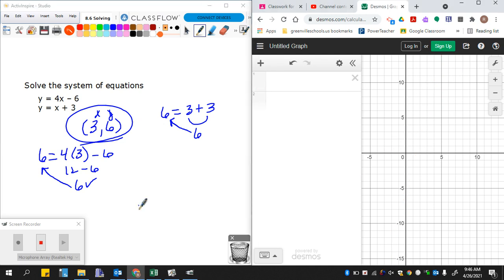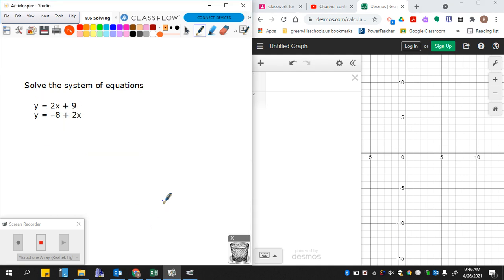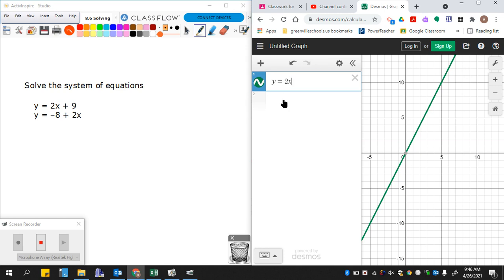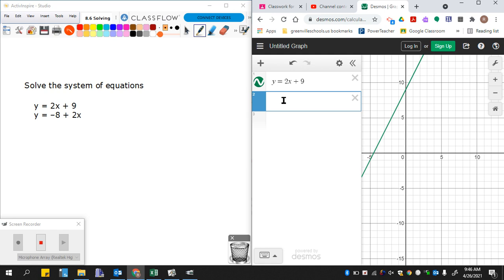The next system of equations is y is equal to 2x plus 9, and y is equal to negative 8 plus 2x. Well, in this small graph, it looks like those lines are parallel.